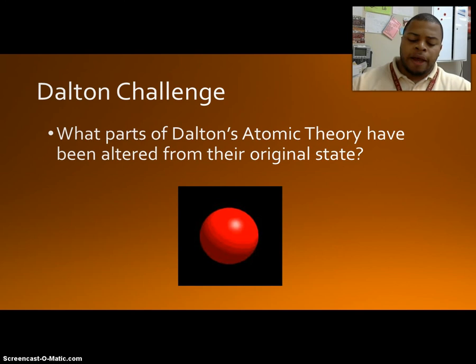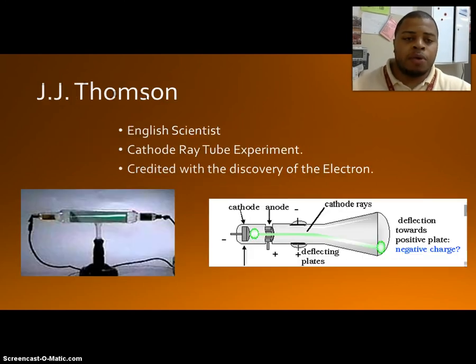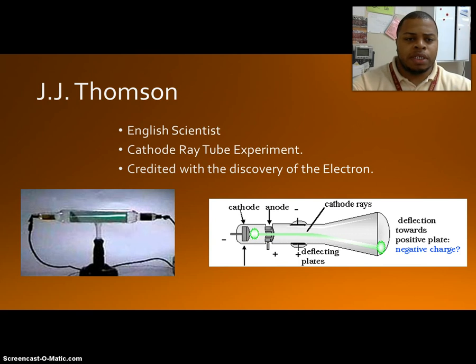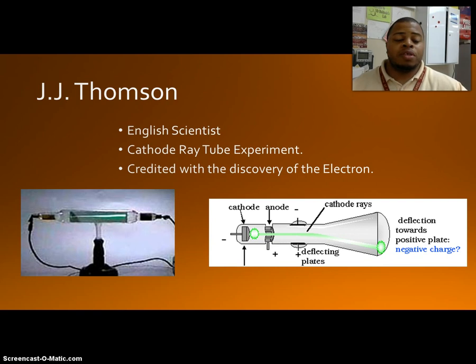All right, now from Dalton we continue on just a few years, and we end up with our good buddy J.J. Thomson. J.J. Thomson was from England, and his main experiment was called the cathode ray tube experiment.